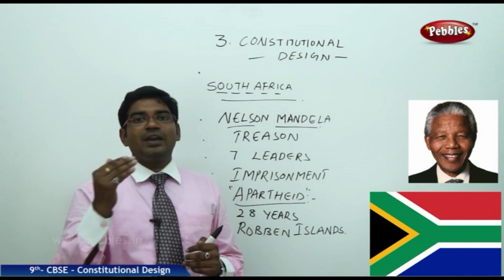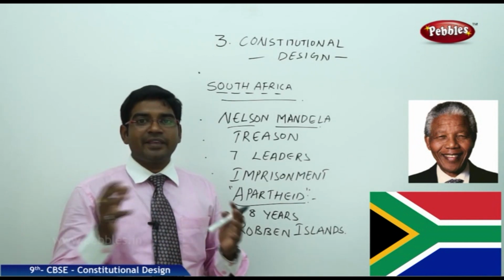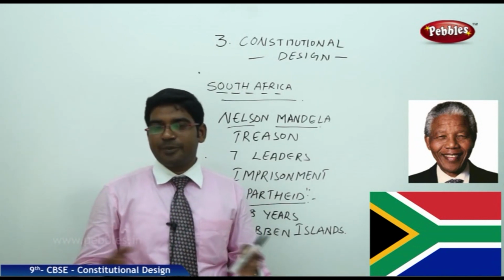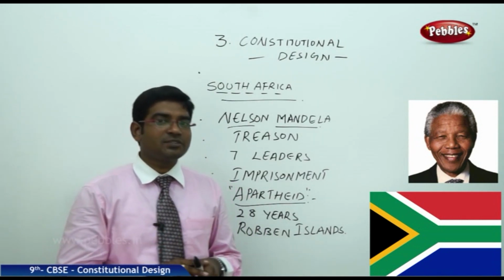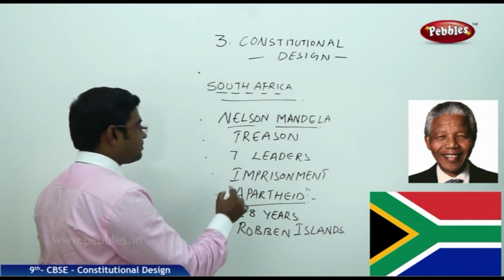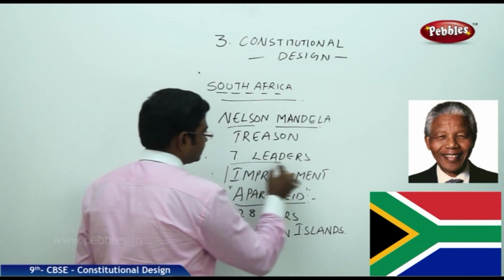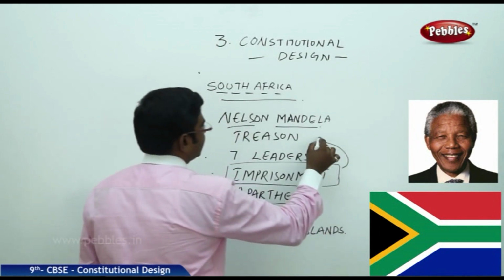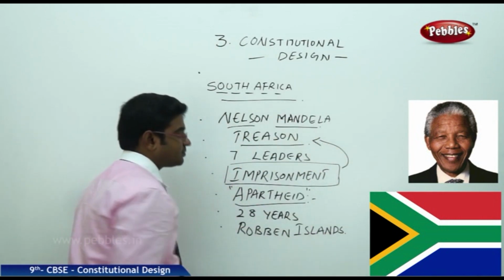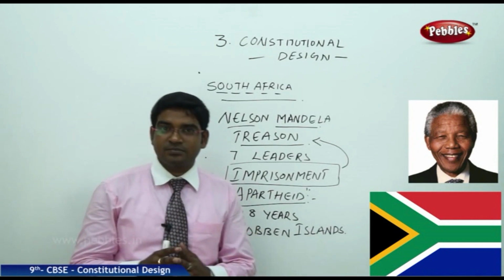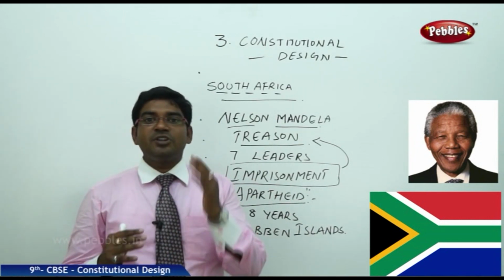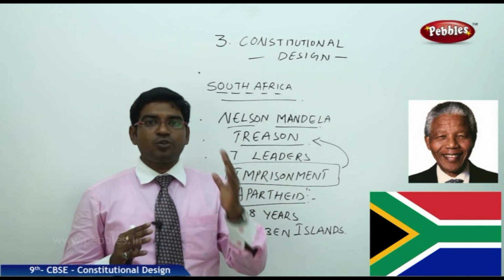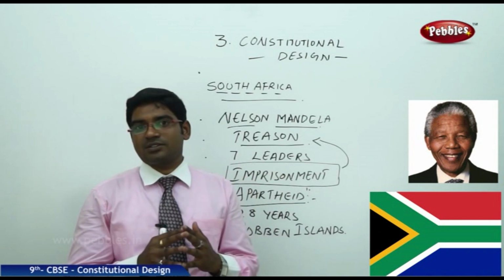Along with him, we have 7 other members raising their voices. So Nelson Mandela, as usual, the ruling government put him under imprisonment on the charges of treason against the government. What is treason? Treason means betraying the government, betraying the rule of a ruler or the monarch.